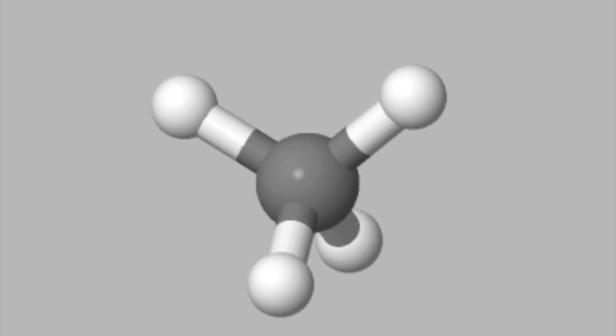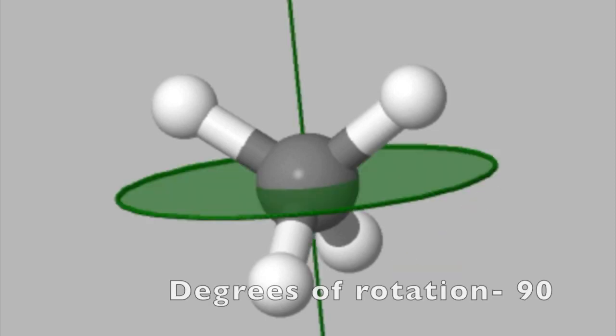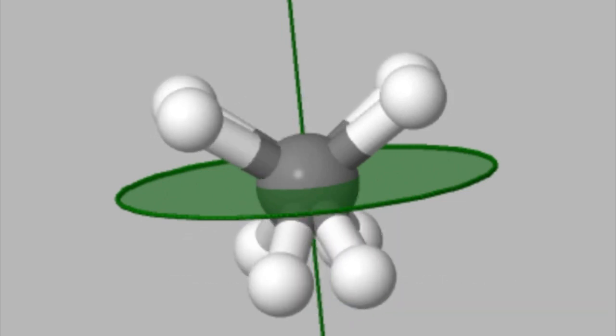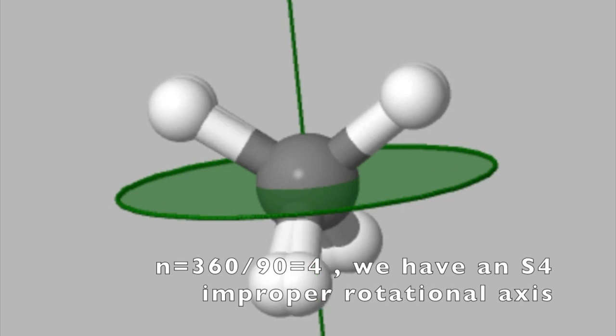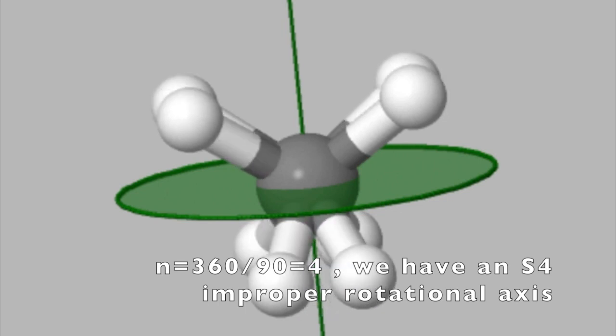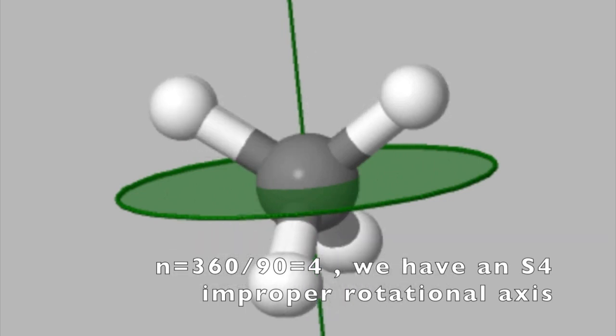The end product of this operation is equivalent to the original. We initially rotated the molecule by 90 degrees. The number of folds of rotation is 360 divided by 90, which gives us 4. So here we can formally say that we have an S4 rotational axis.